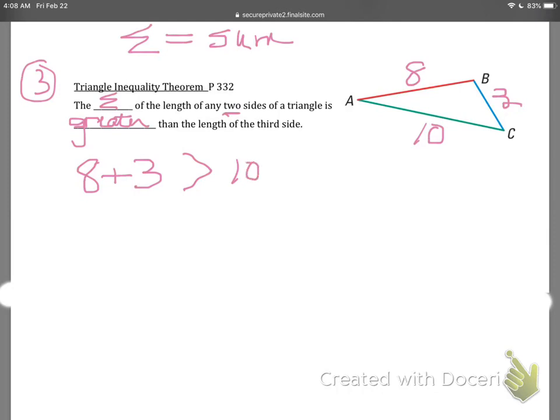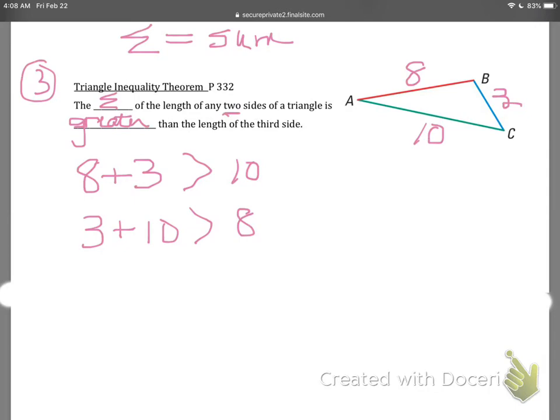Is that true? Yes, because 8 and 3 are 11, and that's greater than 10. Pick another two. How about the 3 and the 10, that has to be greater than the 8. Is that true? 3 plus 10 is 13, and that certainly is greater than 8. So far we are 2 for 2.